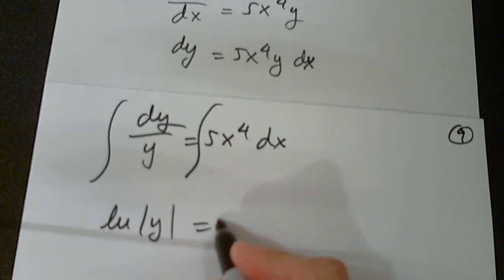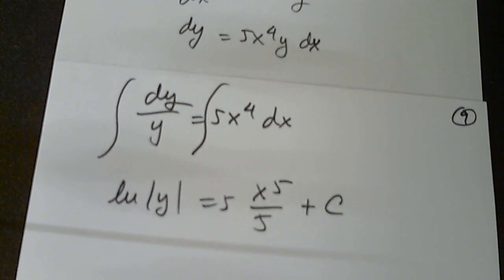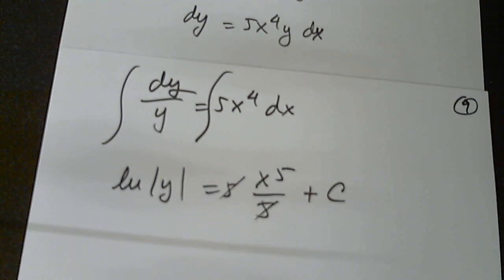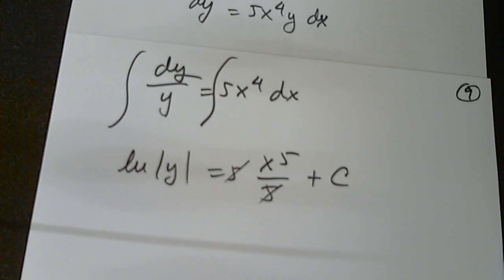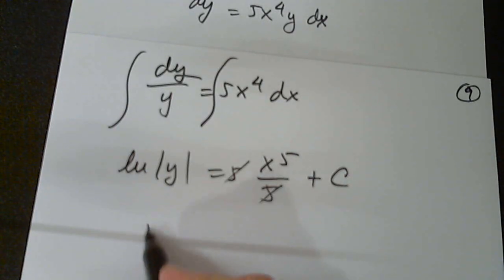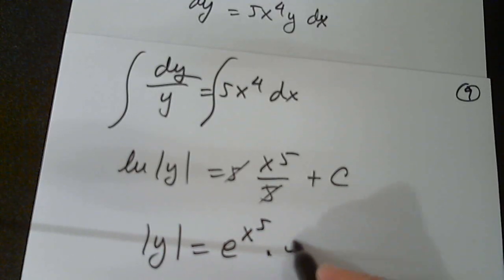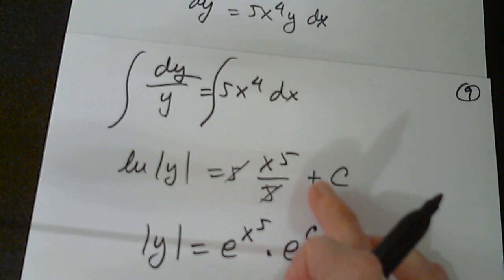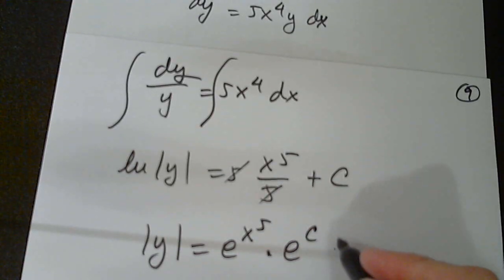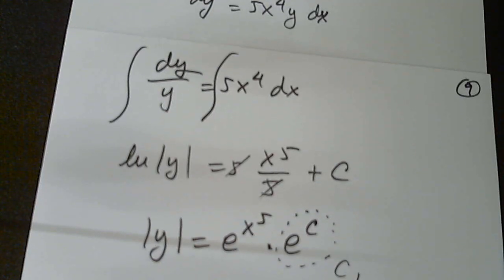The other side is 5x to the fifth over 5 plus a constant C. These two go away. Again, I have to convert. E to this equals that. So the absolute value of y is e to x to the fifth times e to the C power, and I will change this into C1.